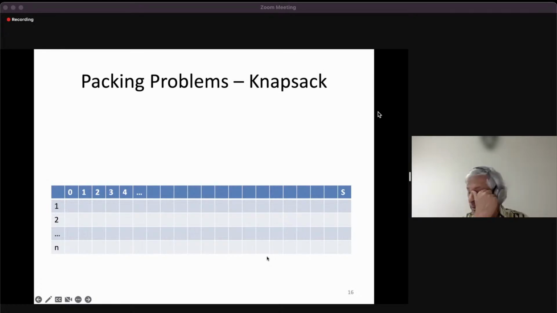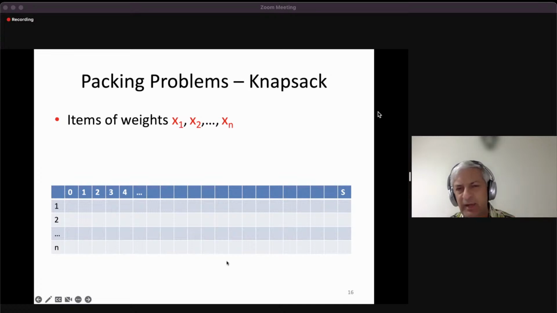So we're now going to look at a slightly different problem, which also has a very similar flavor. These are called packing problems or knapsack problems. For these packing problems, you're given a bunch of items, and each item has a different weight. In this case, we'll assume that the weights of the items are x1, x2, up to xn.